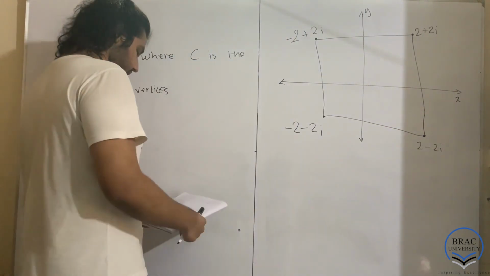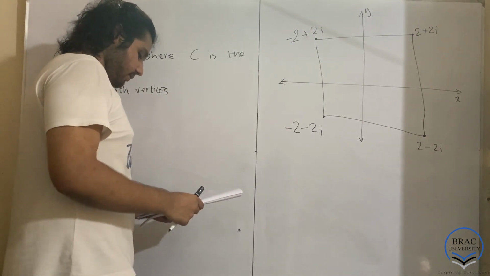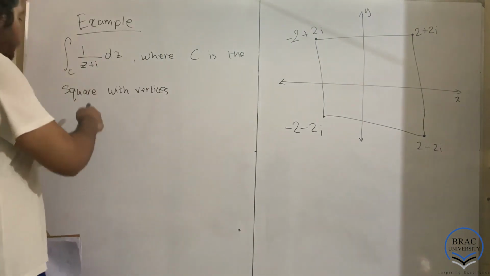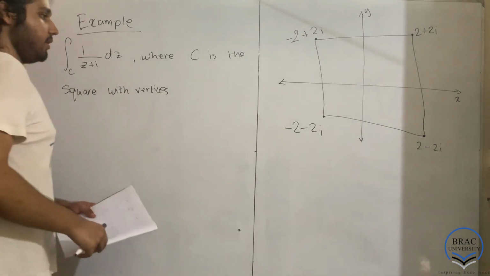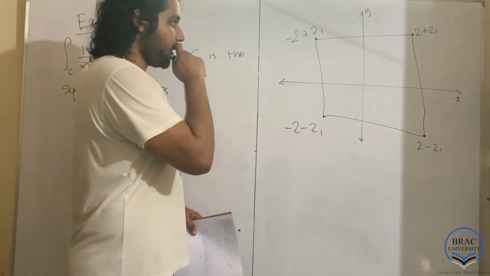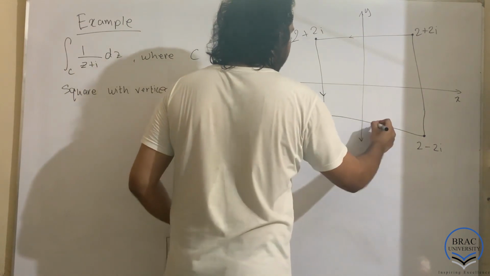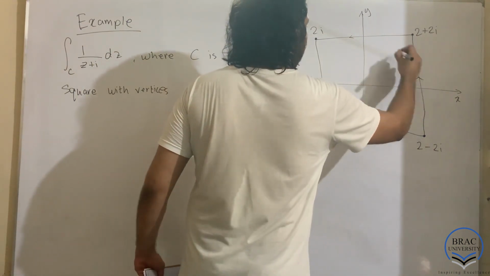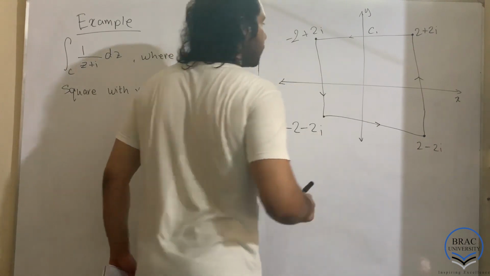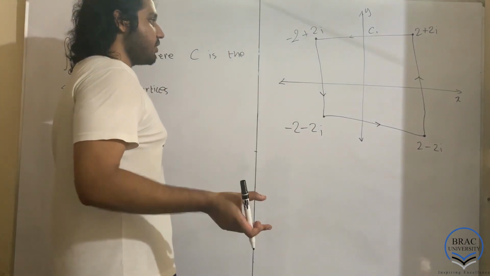Okay? The vertices, and we're asked to find the value of this integral. Now, simply using the square, it's going to be quite hard. So why not have this be a bigger structure, right?